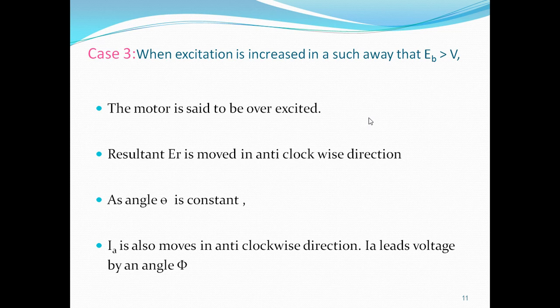So when excitation is increased, that is called over excitation, where EB is greater than V. ER is moved in anti-clockwise direction. As theta is constant, IA also moved anti-clockwise. Then what happened? IA leads the supply voltage by theta. So the power factor is changed and it becomes leading.